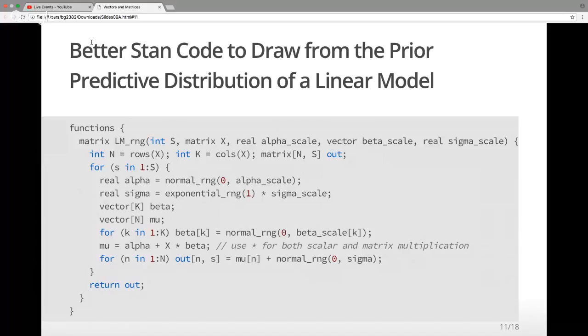So I define a function lm_rng. It takes an integer s, meaning the number of simulations I want to draw from this prior predictive distribution, a matrix X that contains all the predictors that I want to use, and then my other things that I'm passing to this function pertain to the priors, specifically the scale or the standard deviation parameters of the normal priors that I'm using in this particular case.